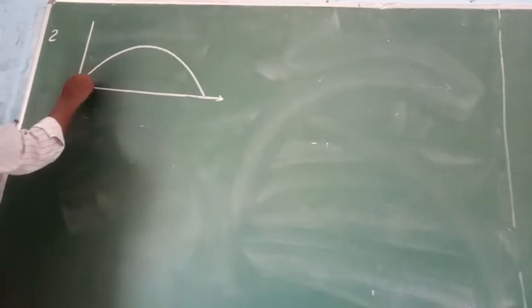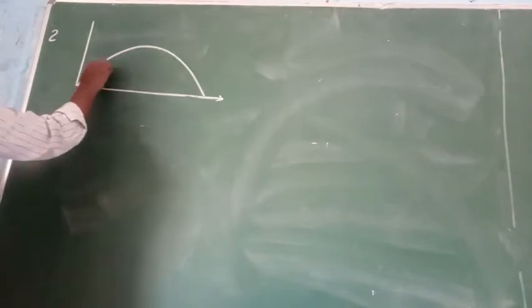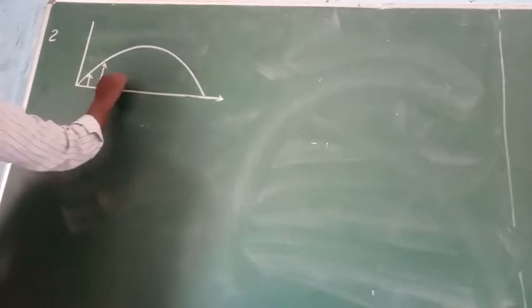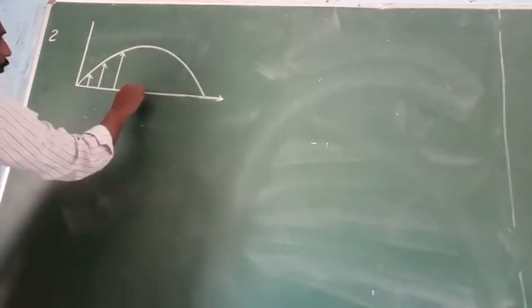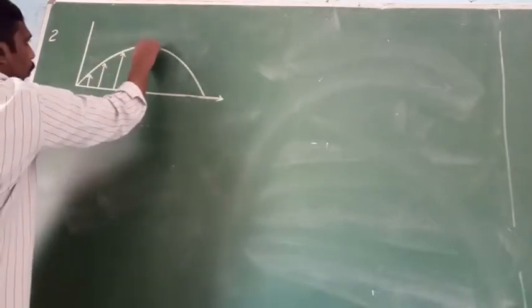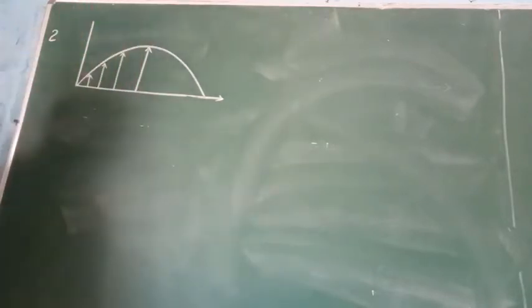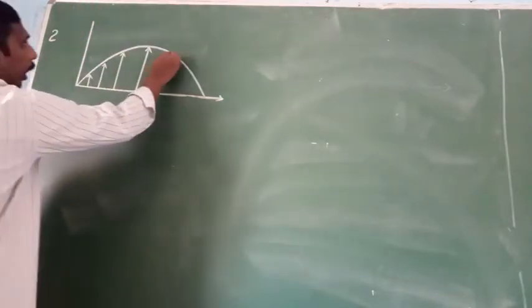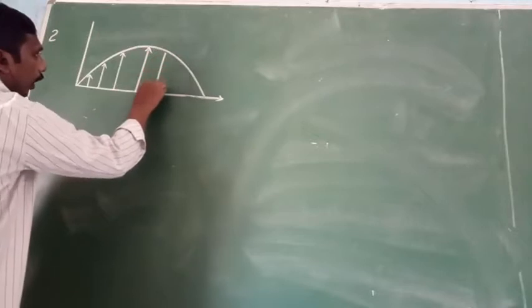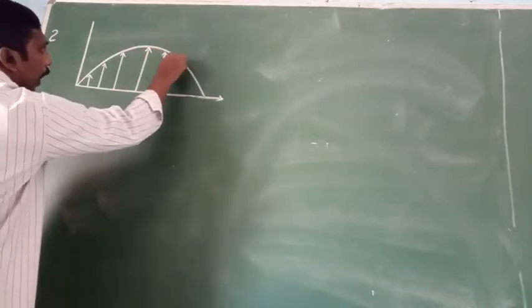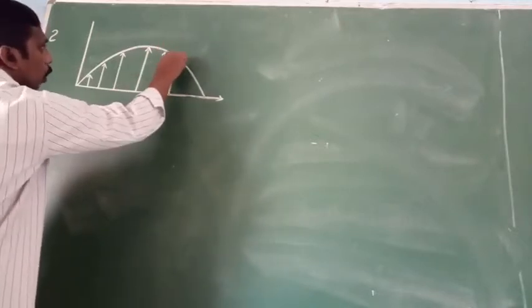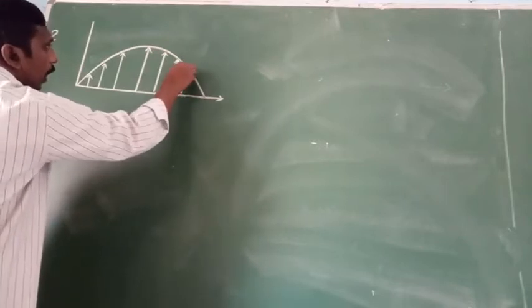Its height gradually increases up to a certain value. At this point, height is maximum. After that point, the height value gradually decreases.